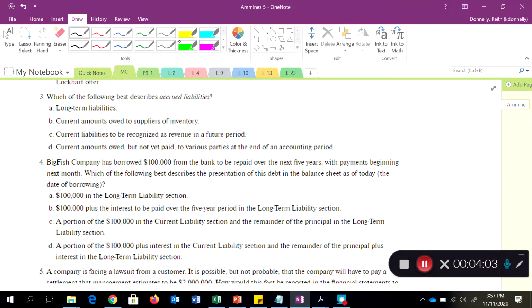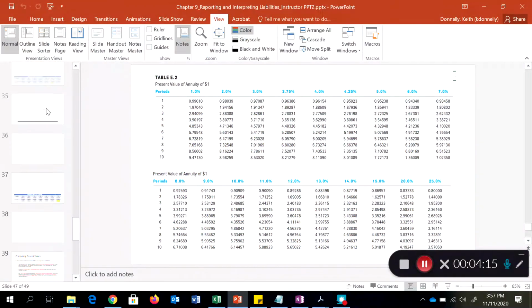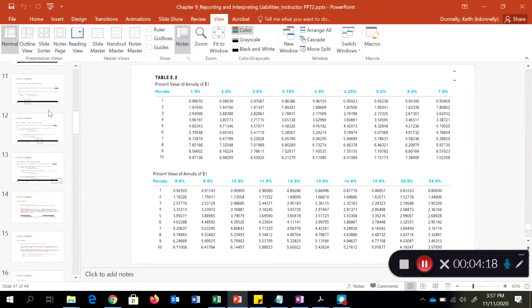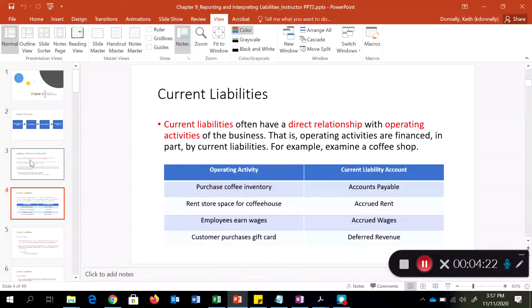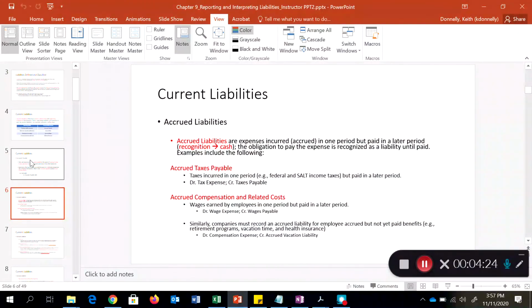So number 3, it says, which of the following best describes accrued liabilities, right? So if we go back to the PowerPoint, accrued liabilities.